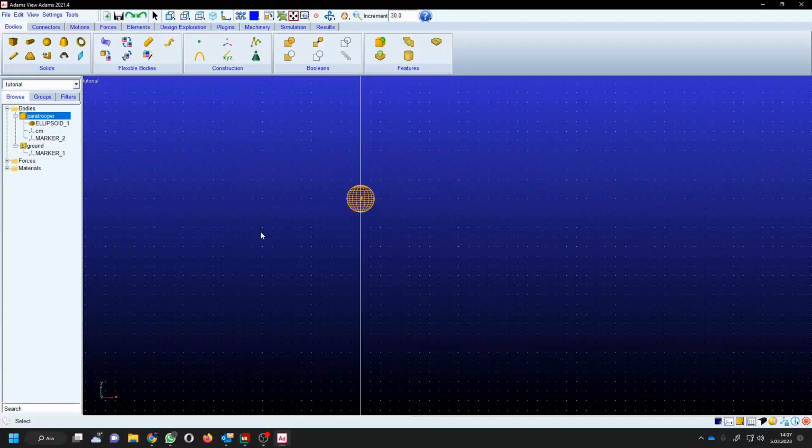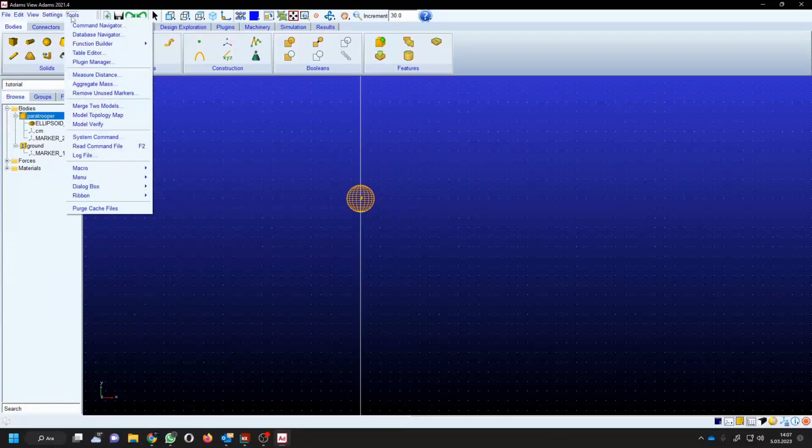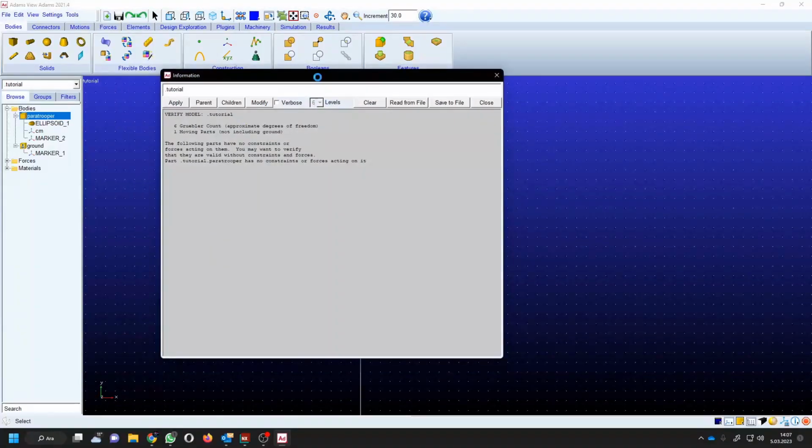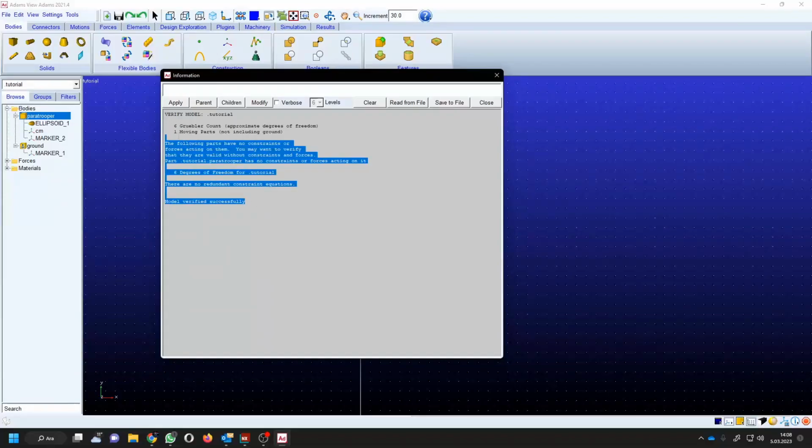Let me check our model's degrees of freedom first. Here, Model Verify. It says that there are 6 degrees of freedom, there are no redundant constraint equations, and the model verified successfully.